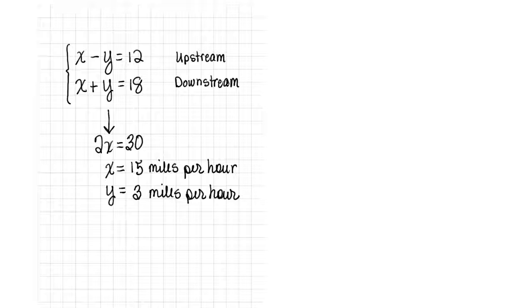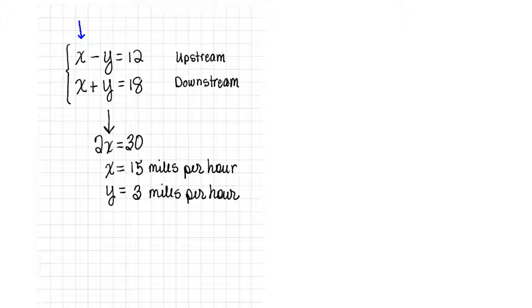To set up the upstream, we have the boat speed minus the stream current gives us 12, and then x plus y equals 18 going downstream.